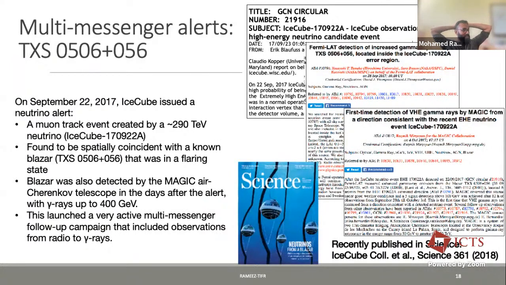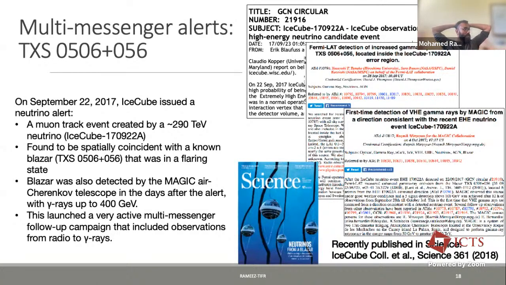But then on the 10th alert we sent out, within a few days, we got a bunch of Astronomer's Telegrams, Gamma-ray Coordinates Network circulars, etc., from other experiments, pointing out that they also see interesting things in the same direction. This was on September 22nd, 2017, while I was a postdoc at the Niels Bohr Institute.